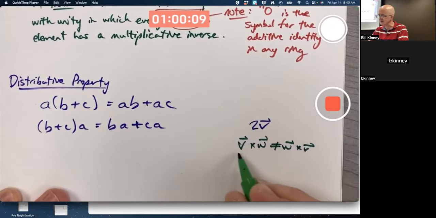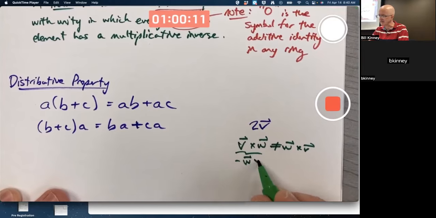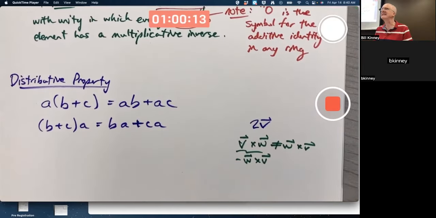In fact, it equals the opposite of w cross v. It's anti-commutative. Yeah, I think it is problematic in being a ring. Our property fails. I haven't thought about this example before, so I just thought of it there now.